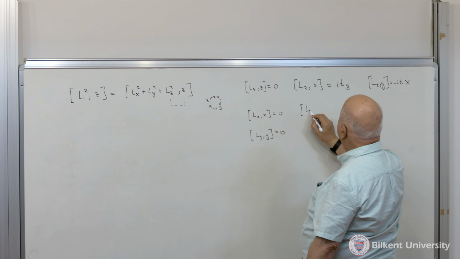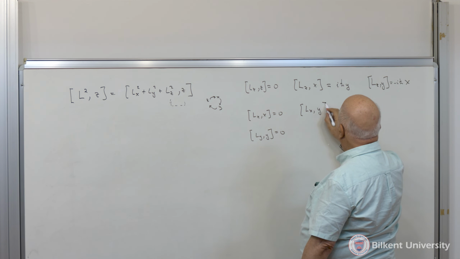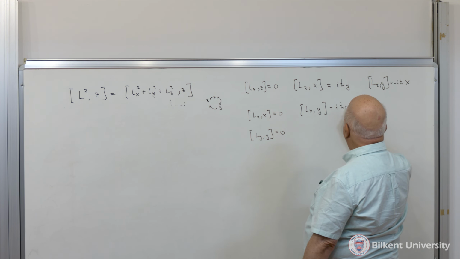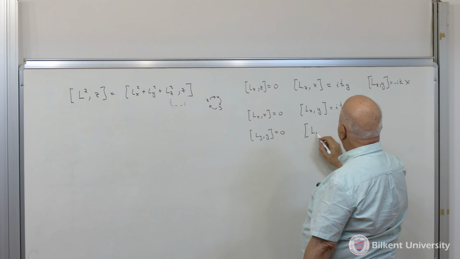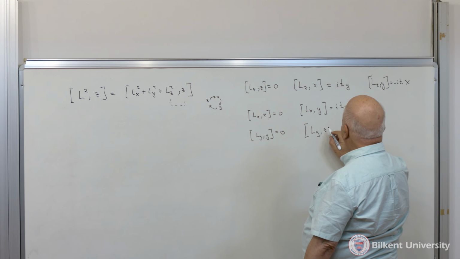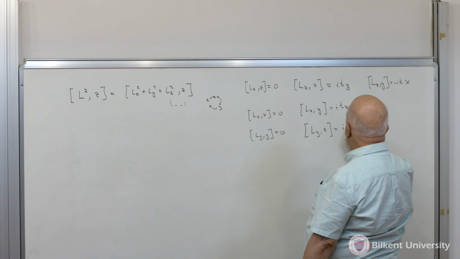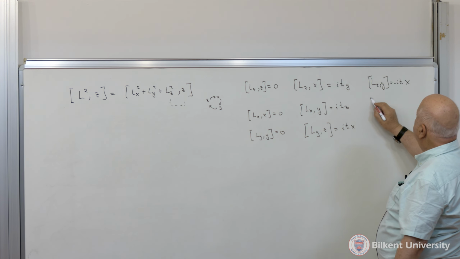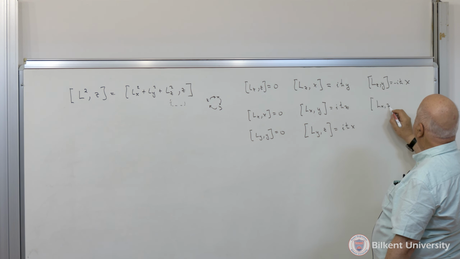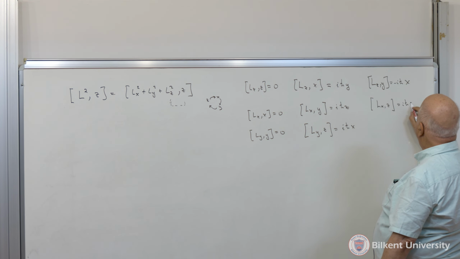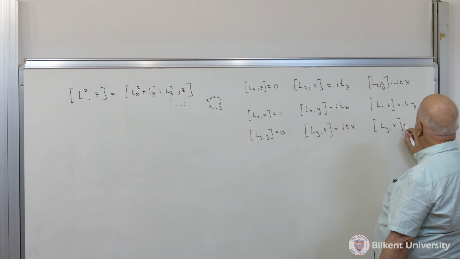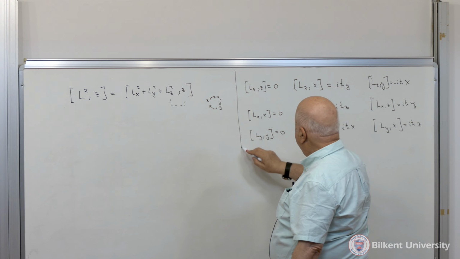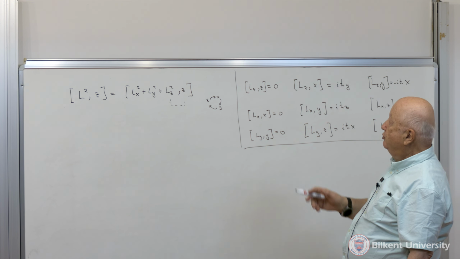Lx with y is i h bar z, and Ly with z is i h bar x. Similarly, Lx with z is minus i h bar y, and Ly with x is minus i h bar z. These are my relations which I'll use.